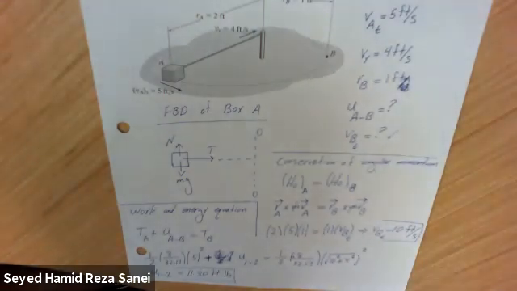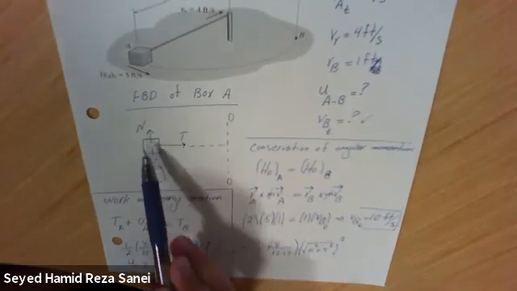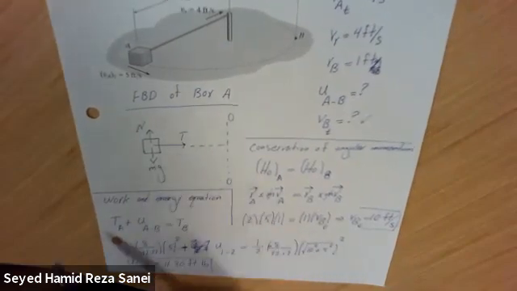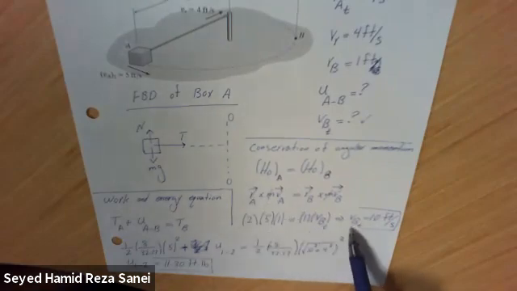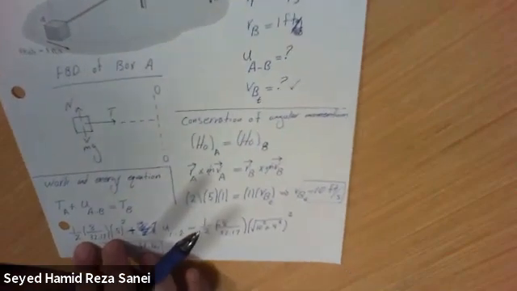We don't have conservation of energy, but we have conservation of angular momentum. We write it because none of these forces are going to create a moment. The only unknown here was the velocity at B, but using the conservation of angular momentum, we can find the tangential component of the velocity. So we have to be careful that the velocity we found is the tangential component.